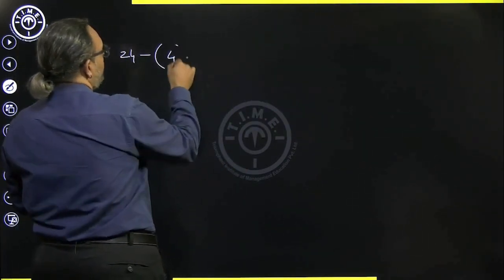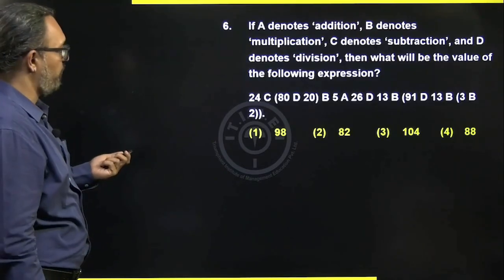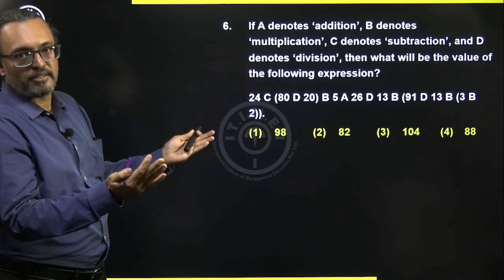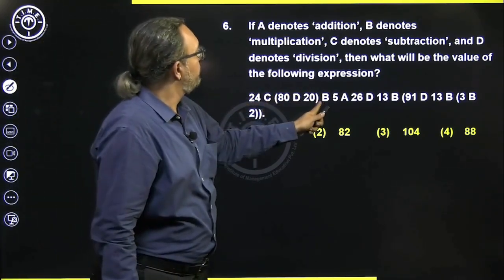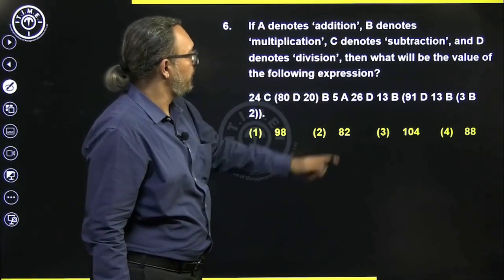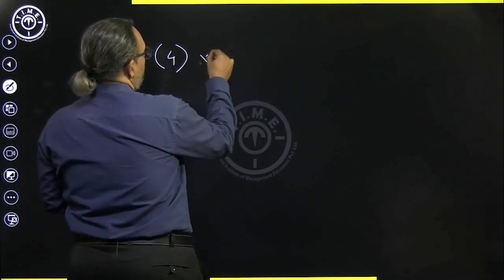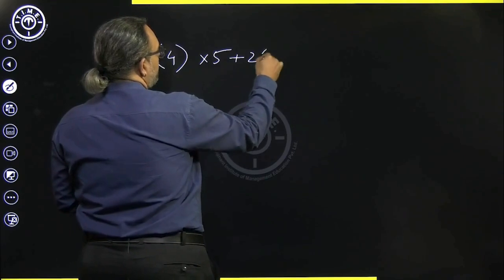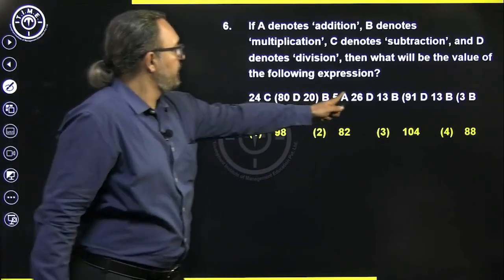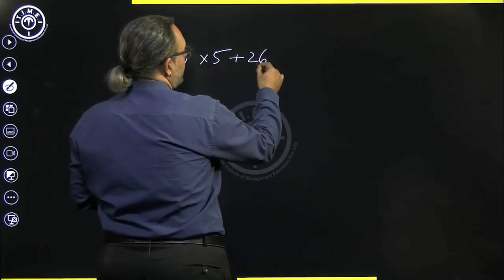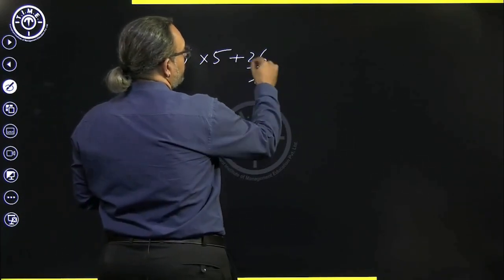So, it is 24 minus 4, because we should solve whatever is within the parentheses first. Then B, which is multiplication, into 5 plus 26, then D 13. D is a division. So, 26 divided by 13, so this is 2.